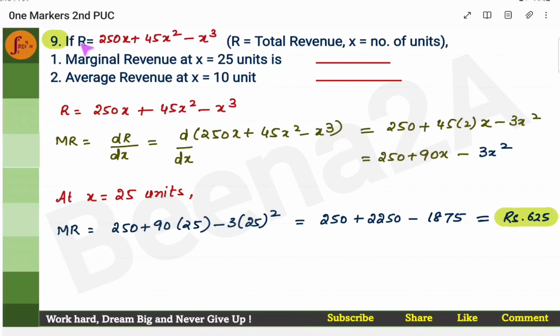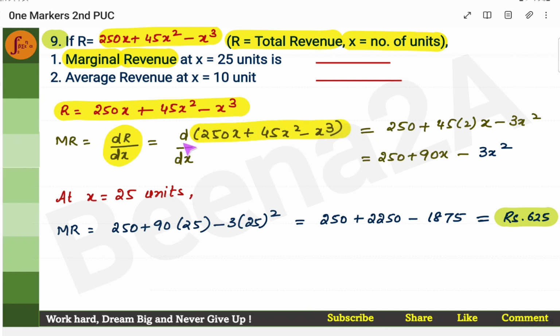Next problem. If R is revenue is given, R is total revenue, x is number of units or quantity or output. What is marginal revenue and what is average revenue? The word marginal means you have to differentiate. Differentiate what? Revenue. This is the revenue function. Derivative of 250x is 250.